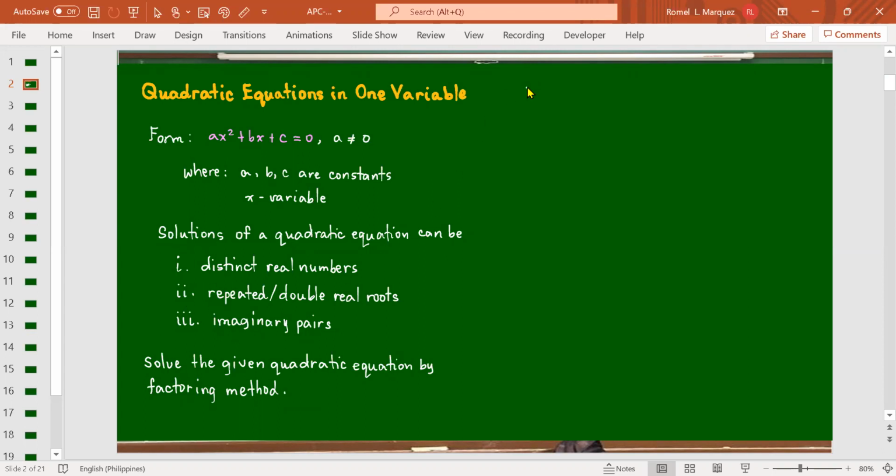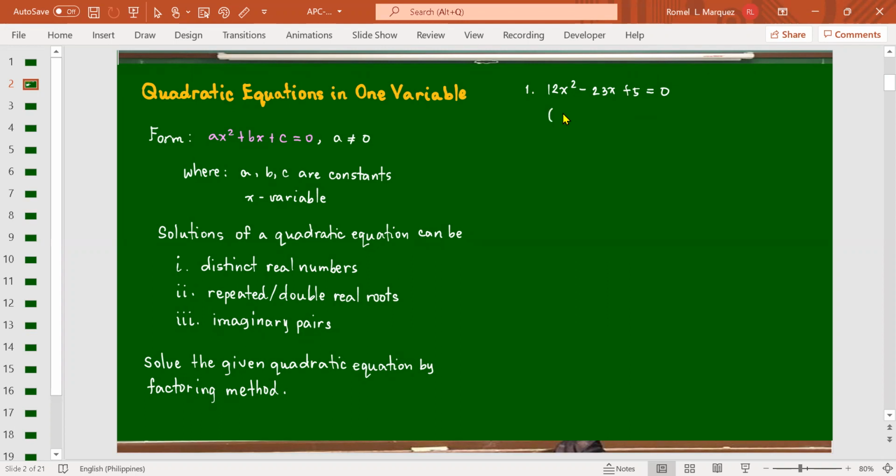So, number 1, we have 12x squared minus 23x plus 5 equal to 0. Okay? So let's see if the left side is factorable.